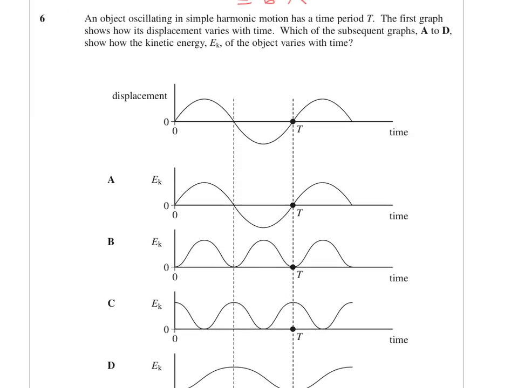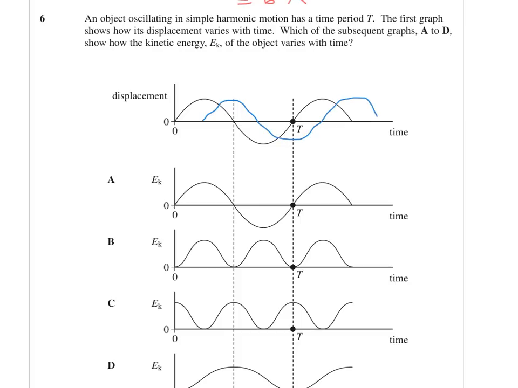An object oscillating in simple harmonic motion has time period T. The first graph shows how displacement varies. Which of the subsequent graphs shows how the kinetic energy of the object varies with time? So the first thing is that the velocity graph would be 90 degrees out of phase, so it would look like this.